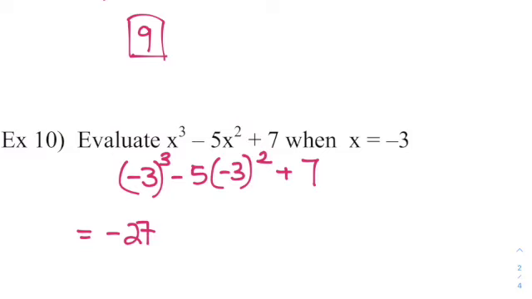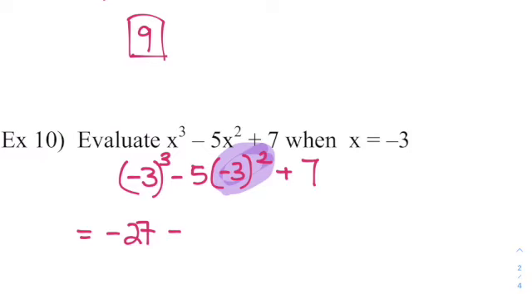And then you have order of operation first, so that means this part gets done first. And that is going to be a positive 9 because you should understand that's negative 3 times negative 3. That's a positive 9. And because of that, that's going to be positive 9 times negative 5.